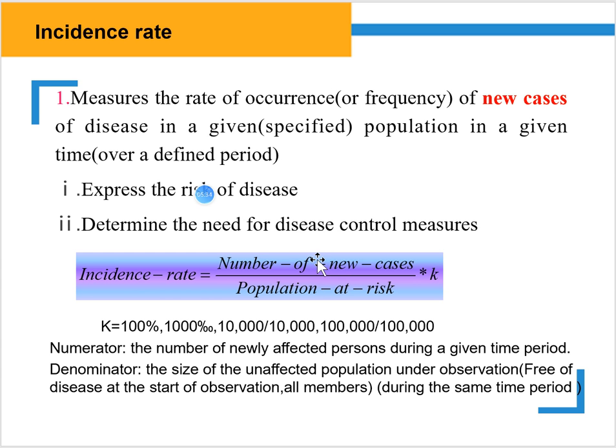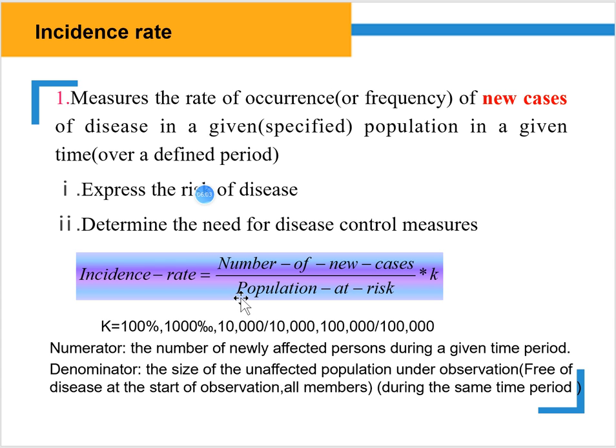Look at the formula of incidence rate. The numerator is the number of new cases, that is, the number of newly affected persons, newly diagnosed, newly found patients during a given time period, usually during 1 year.